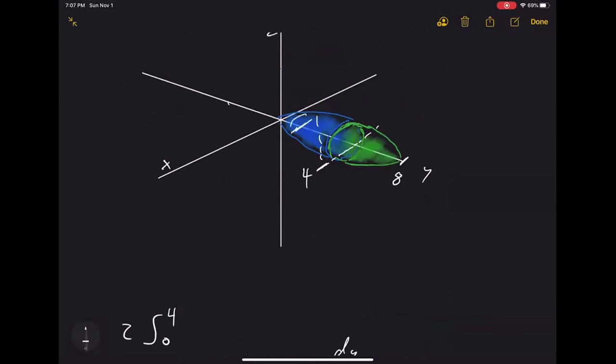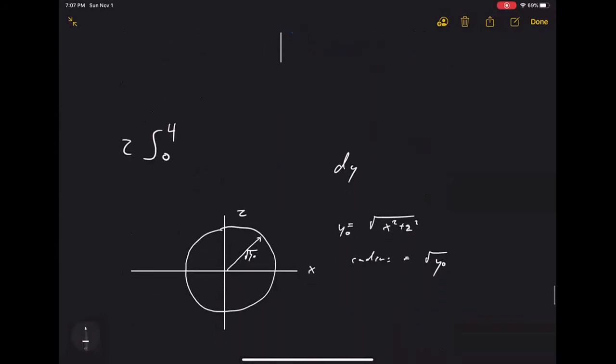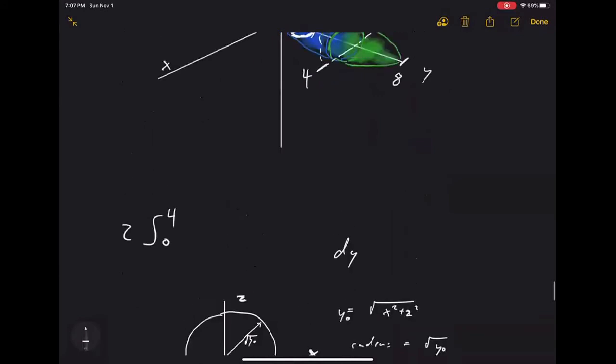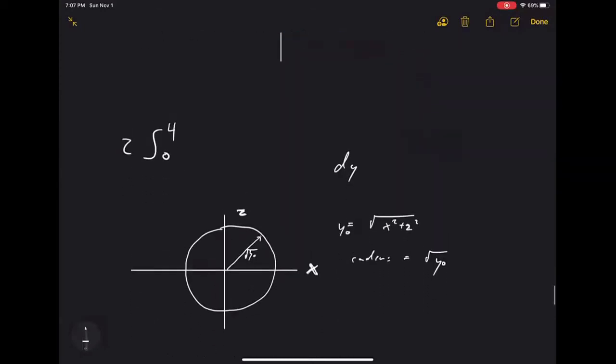Well, how do I find those? I'm going to take a cross section in the area I'm integrating, and let's lay it flat out on the page here. In that cross section, I have an x-axis and z-axis, so that's what I'm drawing here.